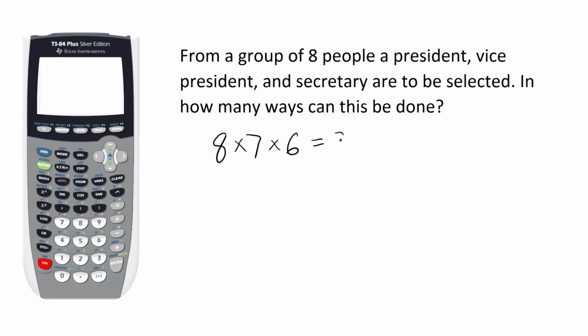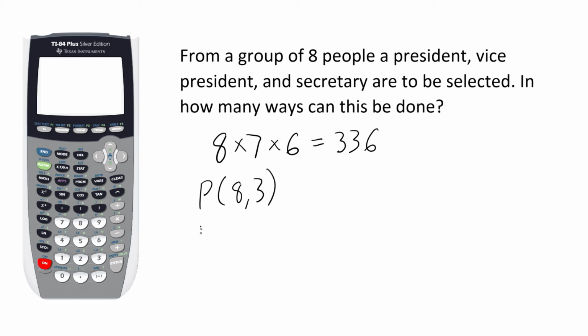And we could just multiply these together, and what we would get is 336. And that's the basis of what a permutation is. So we have a permutation function in our calculator, and what we'll put into that function is P 8, 3. The first number is the number of things we have to select from, and the second number is the number we're going to select.